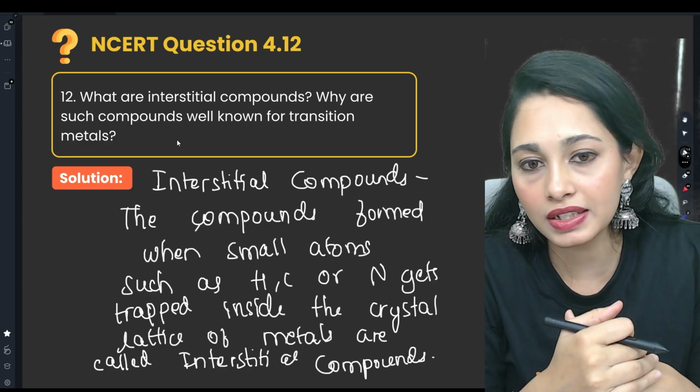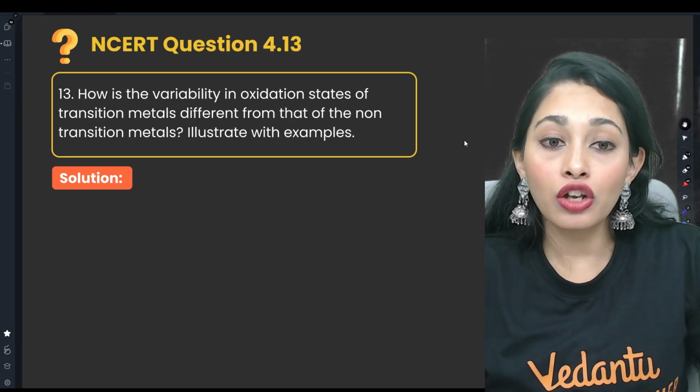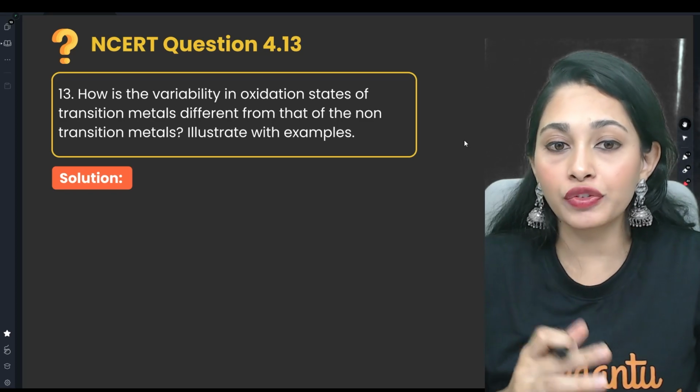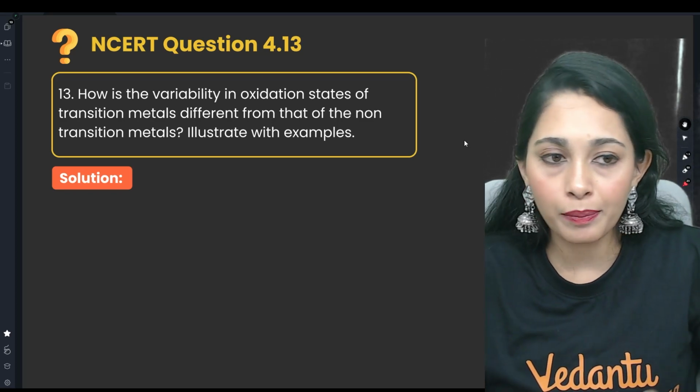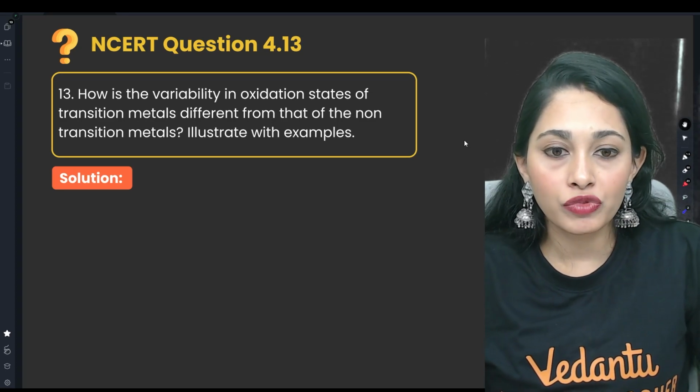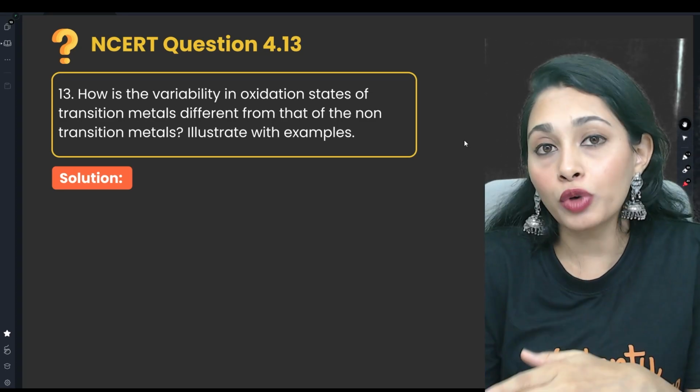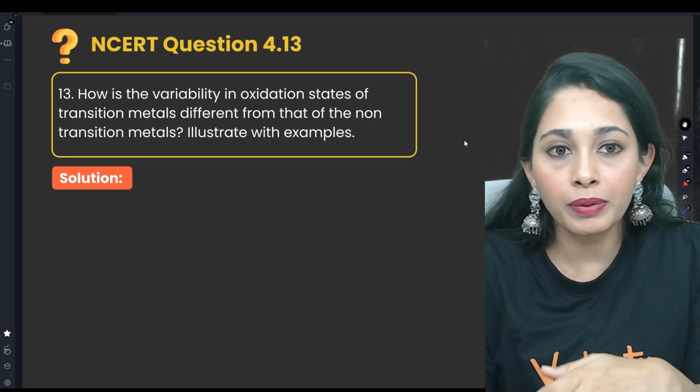How is the variability in oxidation states of transition metals different from that of the non-transition metals? Illustrate with examples. So transition metals have the transition properties from s to p block.